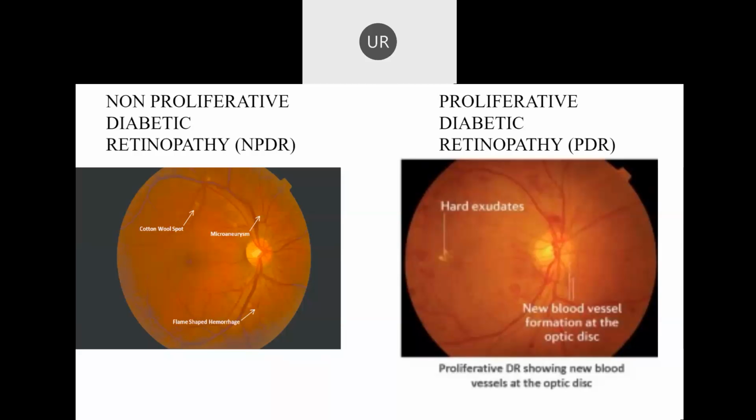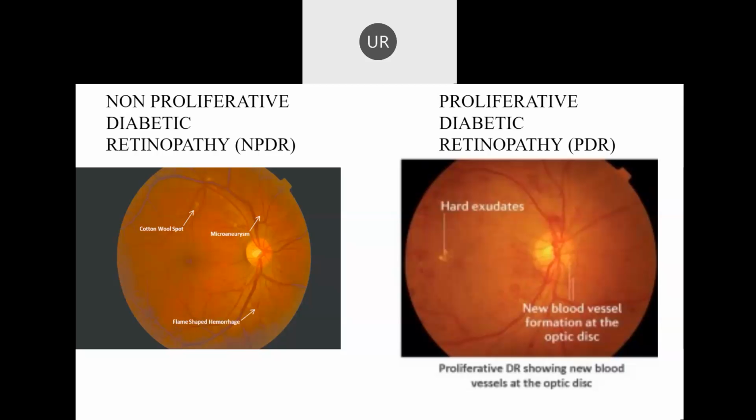To differentiate between the fundoscopic image of non-proliferative diabetic retinopathy and proliferative diabetic retinopathy, you can see in the non-proliferative diabetic retinopathy there are cotton wool spots, microaneurysms and flame-shaped hemorrhages, as I have placed in the picture, but there is no neovascularization or preretinal hemorrhage. And for the proliferative diabetic retinopathy, this is an example of a patient who has it.